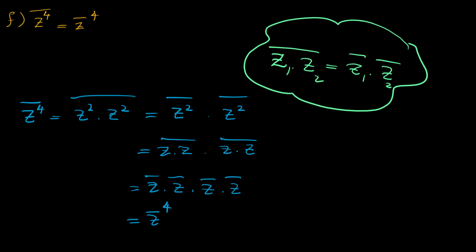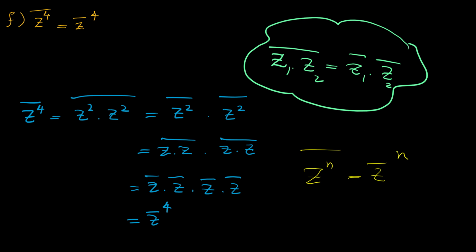In general, with the induction method, which is a proof method in mathematics, we can prove that the conjugate of Z to the n is Z conjugate to the power of n, which means that we can move the power to the outside of the conjugate.